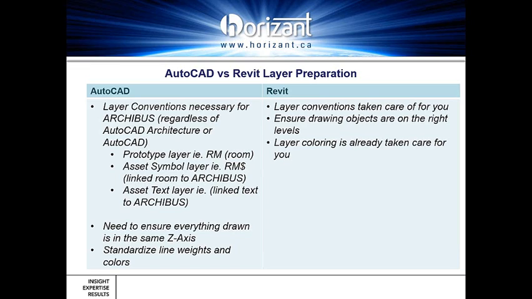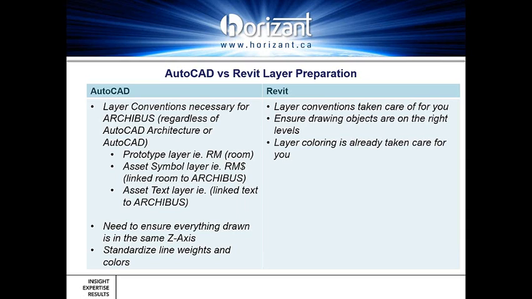So now this object is linked to Archibus, and that's the layer it resides in. And when it's in Archibus, you can specify that you want to see the text in your AutoCAD to Archibus overlay. That will actually bring on an asset text layer that is linked.